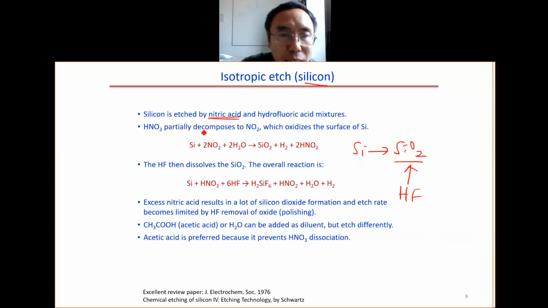The nitric acid is partially decomposed into NO2. This will oxidize the silicon to form silicon dioxide. Then the silicon dioxide will be dissolved by the HF, and the etching will keep going. Sometimes we can use water as the diluent. We can also use acetic acid as the diluent.